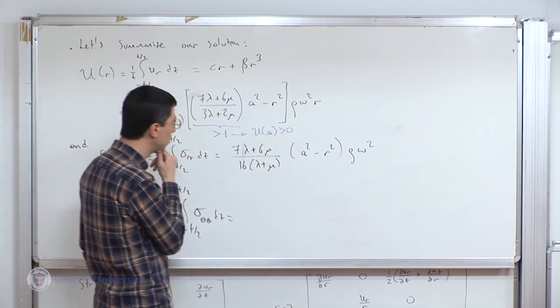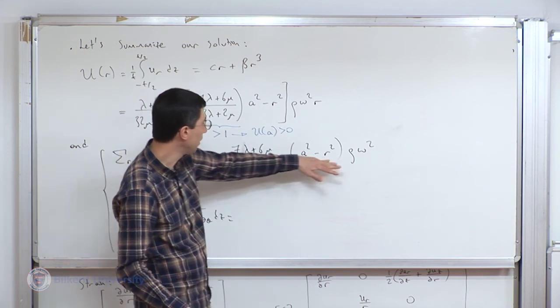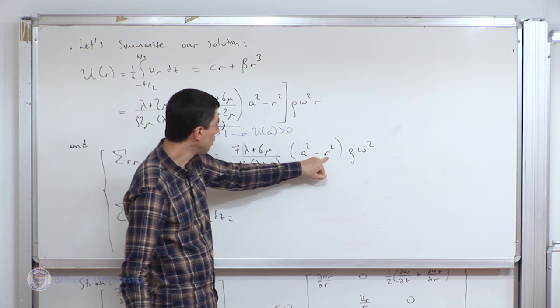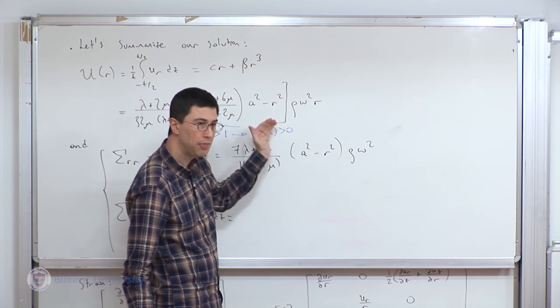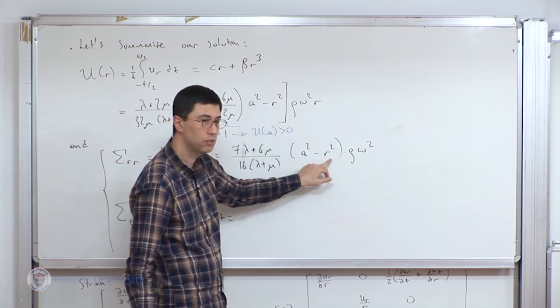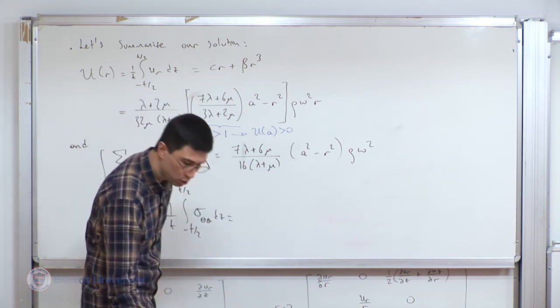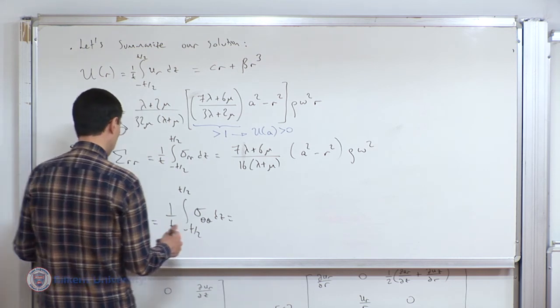Again, at this point, I have a positive factor, and then the rest matters qualitatively. At r equals 0, it's a maximum, and then it decreases to precisely 0. And because we have a boundary condition at r equals a, sigma RR should be 0. That was the condition we imposed.